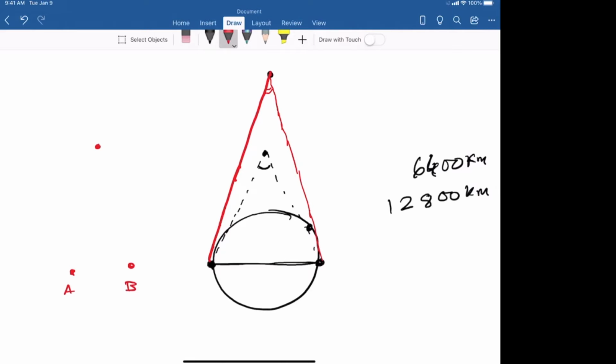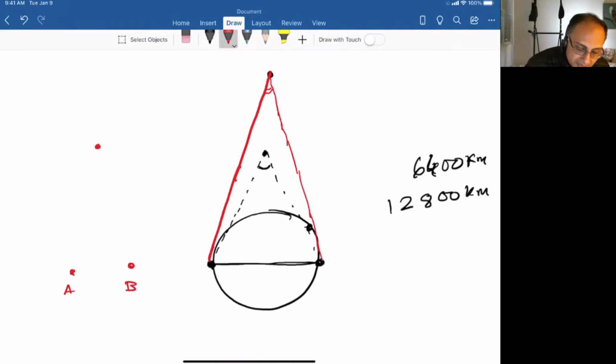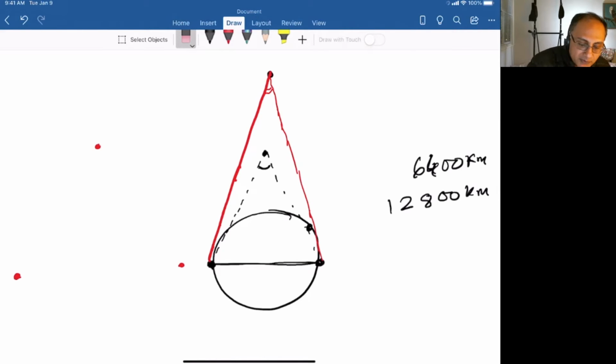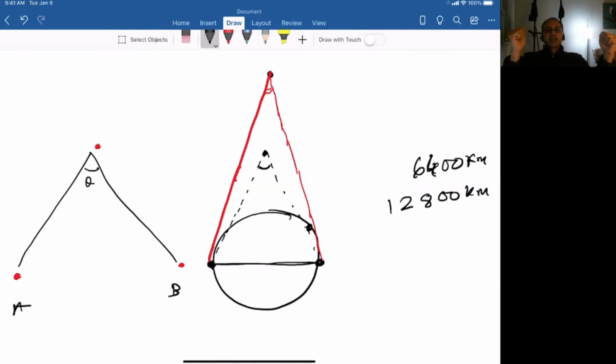Exactly, very good, increase. So if the baseline is increased, so if they move to a larger distance, then obviously the parallax angle will also get wider, right? The parallax angle is the angle at the top. So if the two observers spread out, then they can make a larger parallax angle.